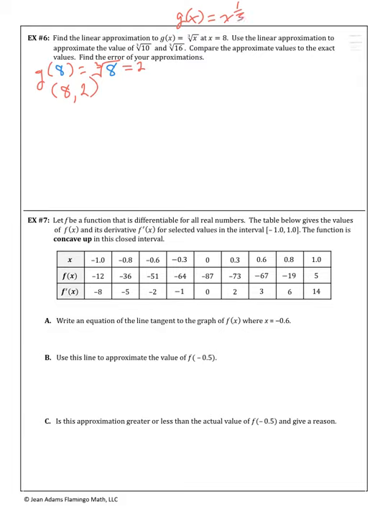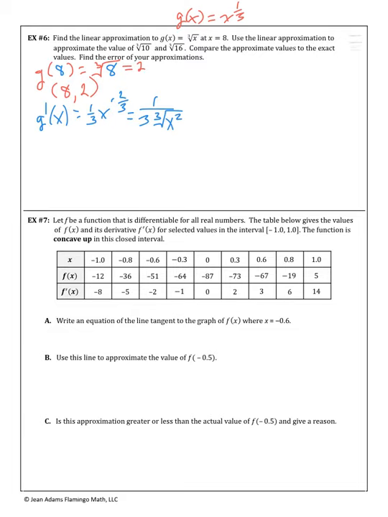So if I want to find the derivative, g prime of x would be equal to 1/3 x, and then 1/3 minus 3/3 would be negative 2/3, which is equal to 1 over 3 times the cube root of x squared. Okay, so there's our fun derivative.